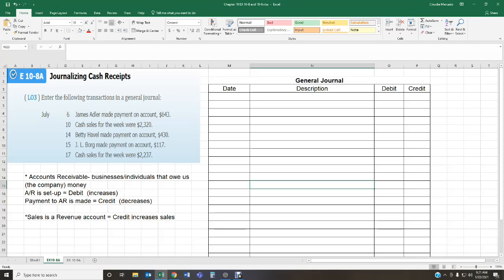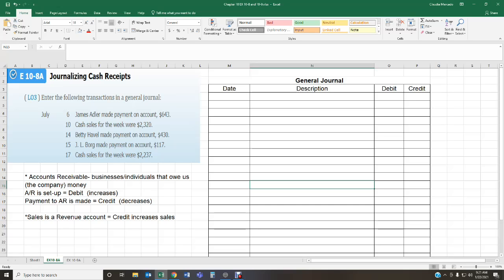Now, before we start analyzing transactions, it's very important that we are familiar with the account of accounts receivable. We are going to be using it a lot. Anytime that we, the company, sell some goods or services on account, which means someone's going to pay us at a later point in time, we have to set up a receivable. That way we keep track of who owes us the money.